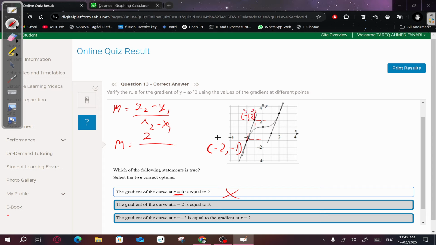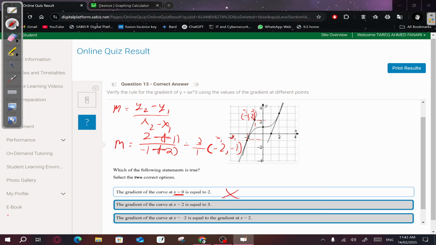You don't even need a calculator: 2 plus 1 is 3, and -1 plus 2 is 1, because two negatives make a positive. So this is 3 over 1, which equals 3. So the gradient at x equals -2 is 3.